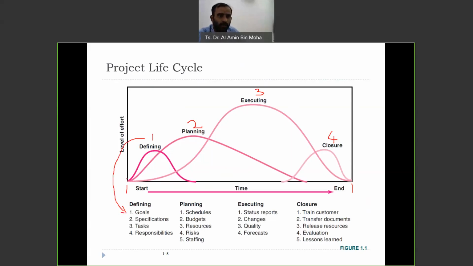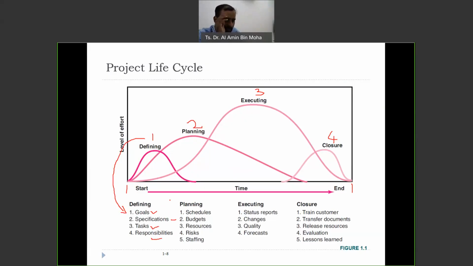First is defining. When you first start, you need to set your goals, the specifications, the list of jobs to be done, and who is going to take responsibility, to understand the things.